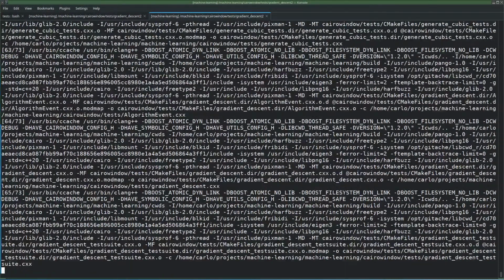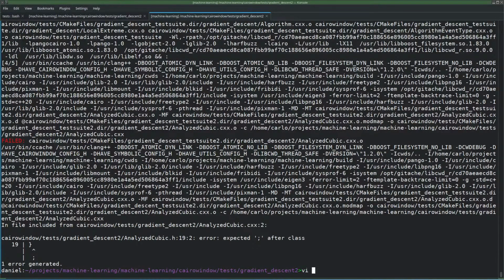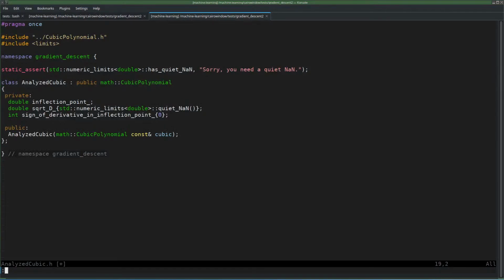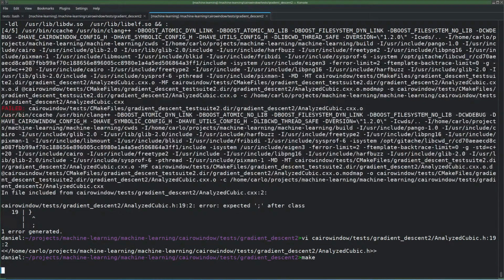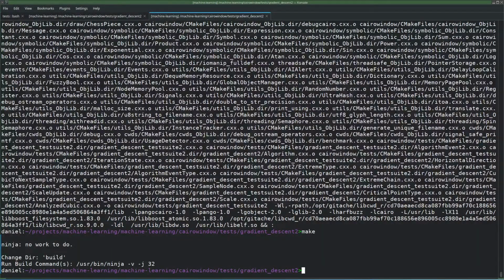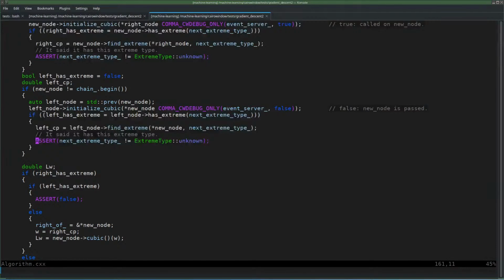It did not compile. No, it does. So we go back to algorithm.